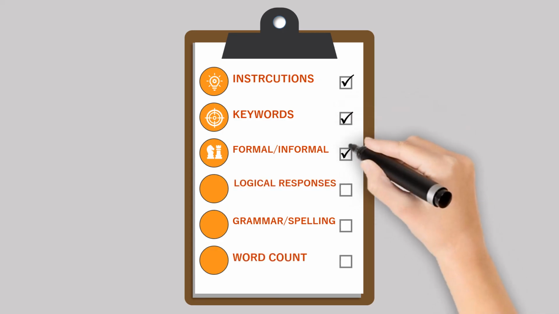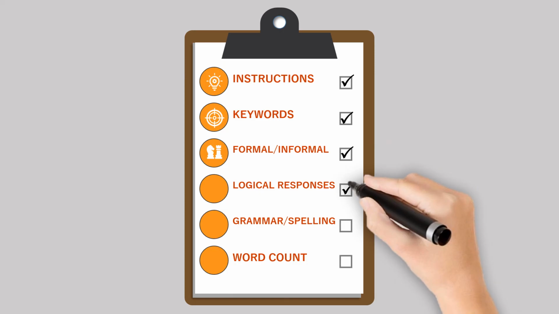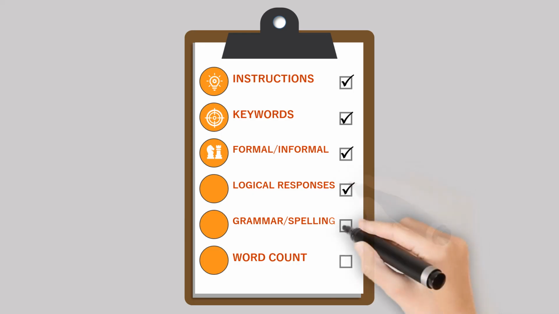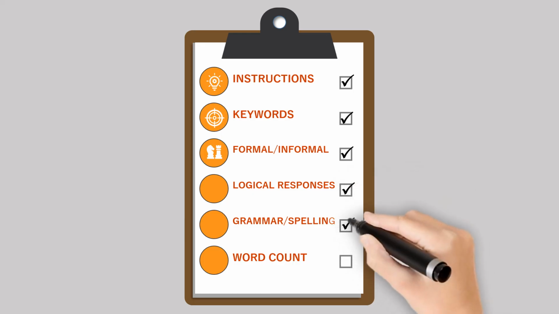Very important, is it going to be a formal dialogue or informal, meaning are you going to use the tu or vous? This will depend on who you will be talking to. Read over what you write, because you can't have a question, what's your name? And you say my age is. The responses must be logical. It is a written exercise, therefore grammar and spelling will be very, very important. So when you finish your activity, just go over and check for the grammar and your spelling.